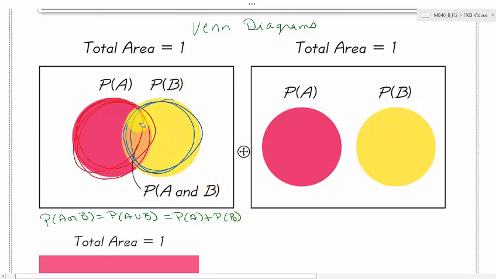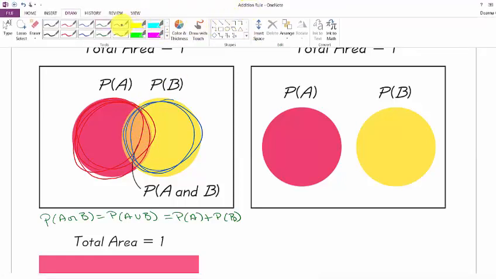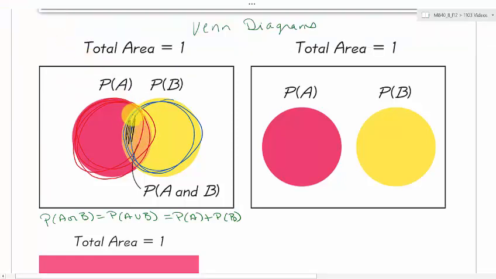What happens is this part in the middle, we added it in for the probability of event A, but we also added it in for the probability of event B. So this piece right here in the middle got added in twice. So let me pick a different color. So this part in the middle gets added in twice.